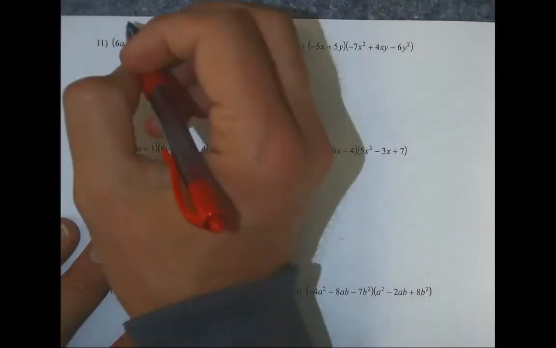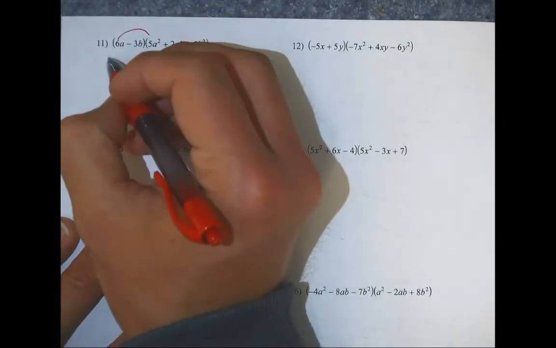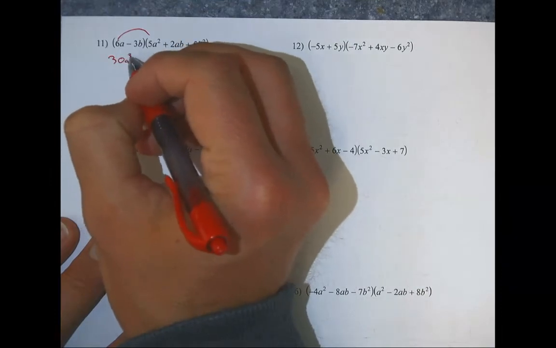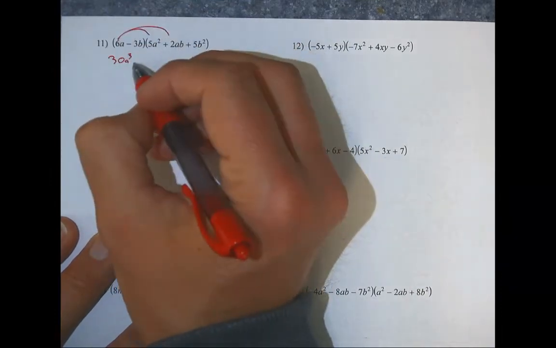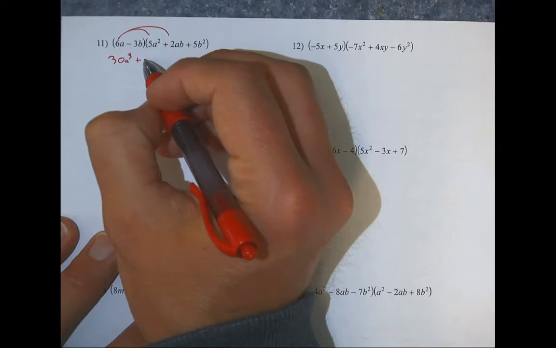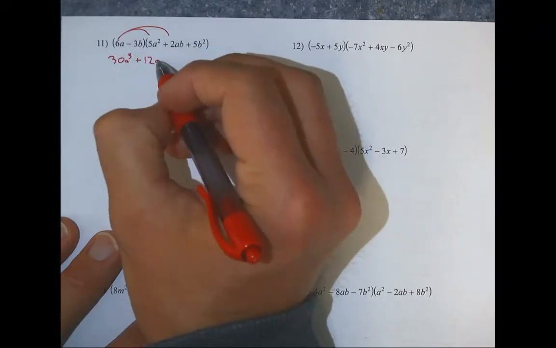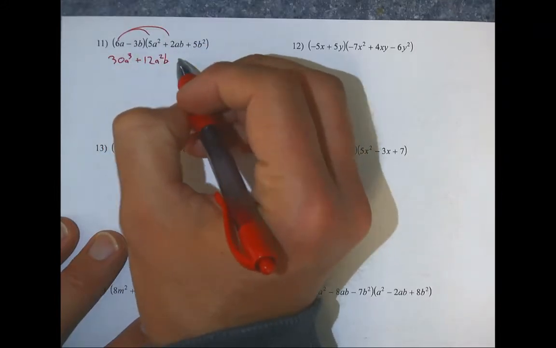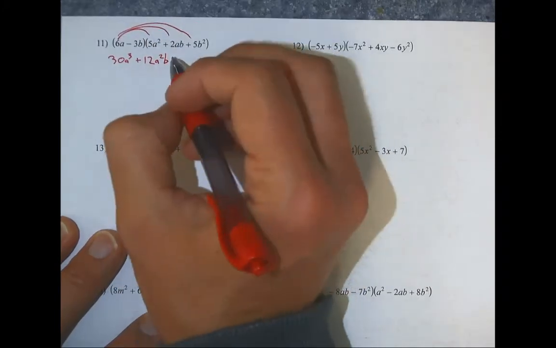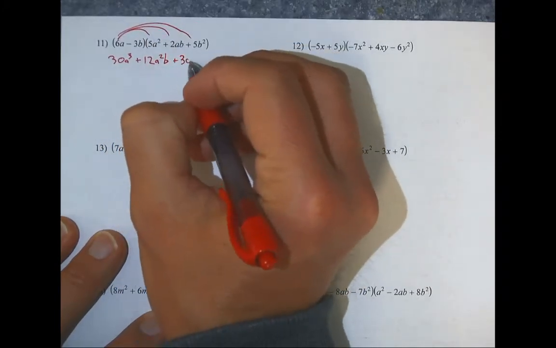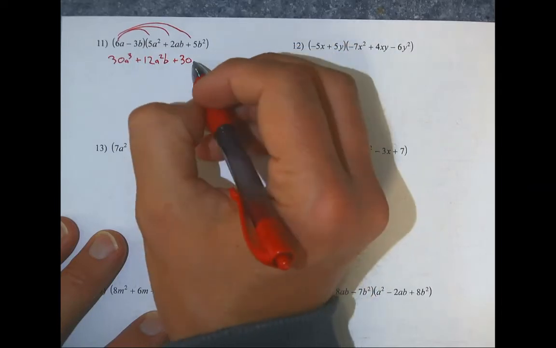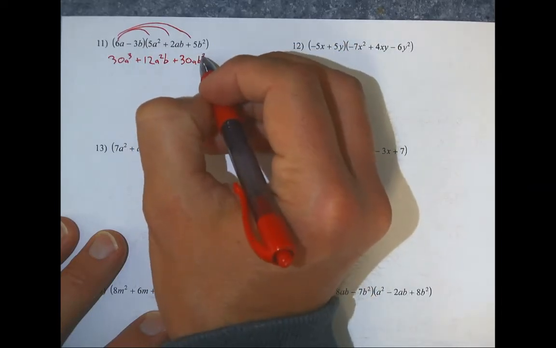All right, more of these. A times a is a squared, and the b tags along. A times b squared can't do anything except just put them together.